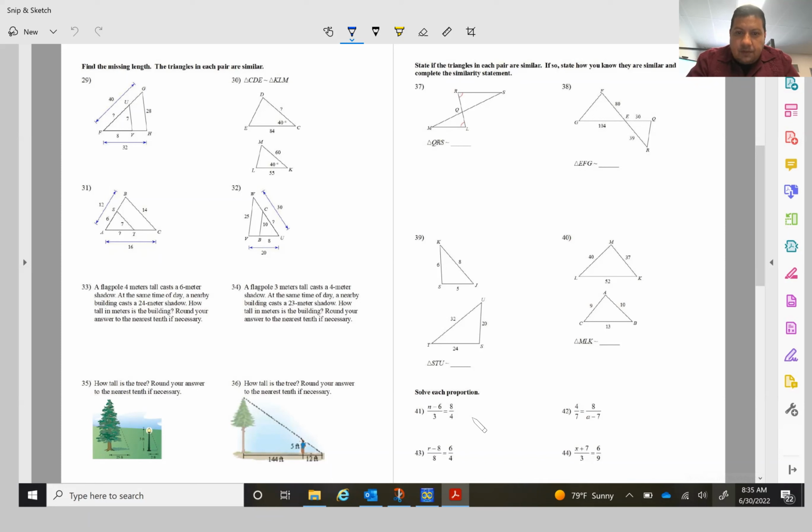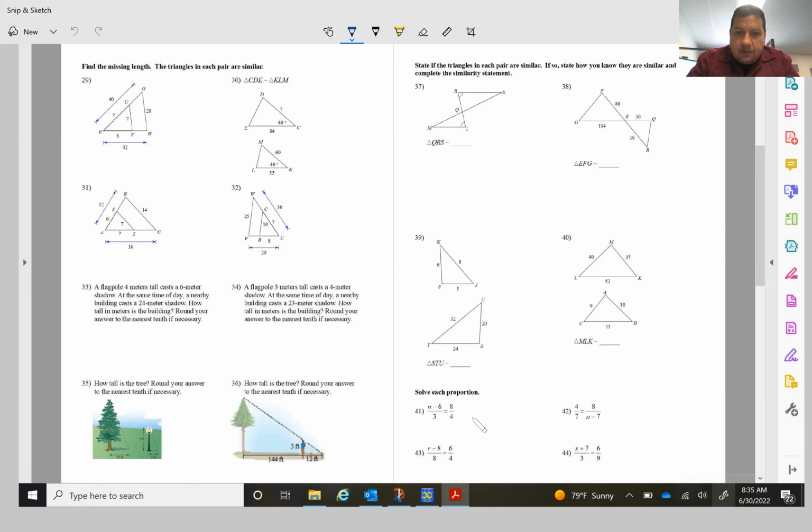To get x by itself, let me divide both sides by 6. So x equals 16, in meters, because that's the measurement we're using. That building is 16 meters tall.